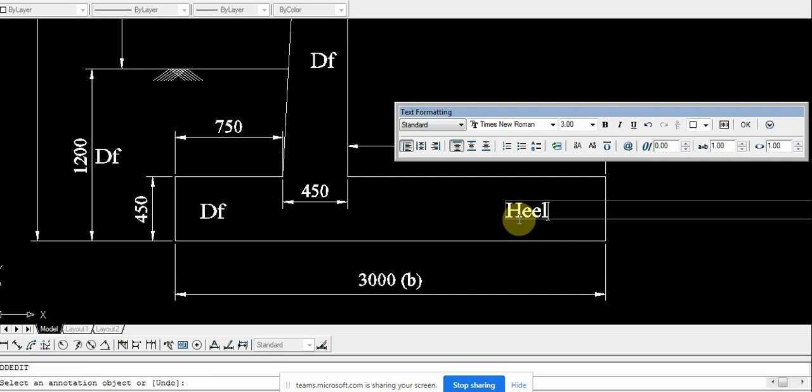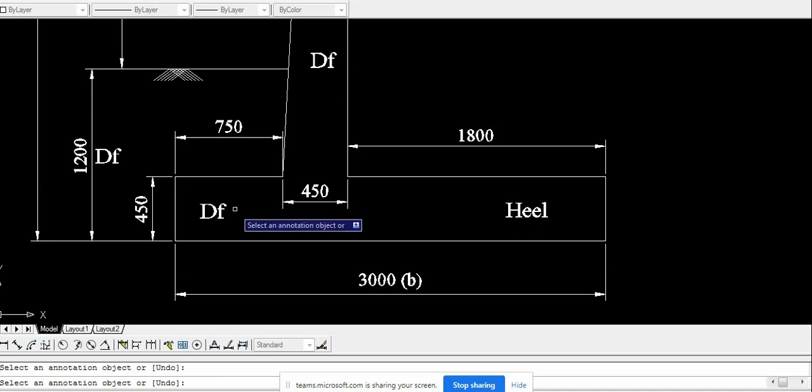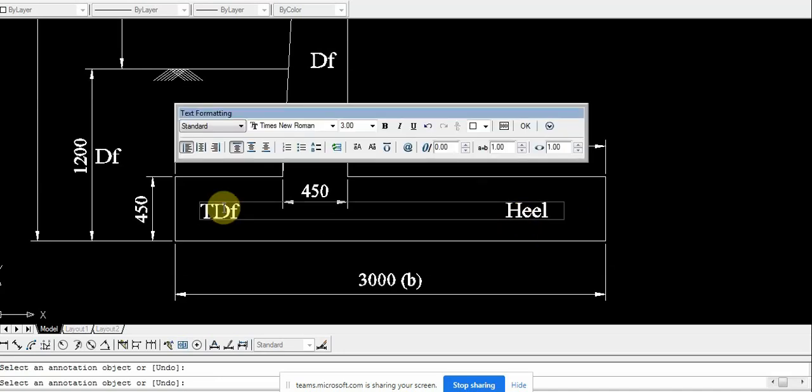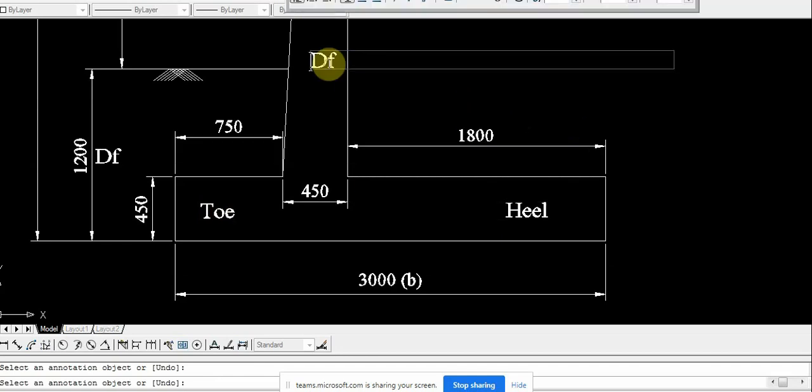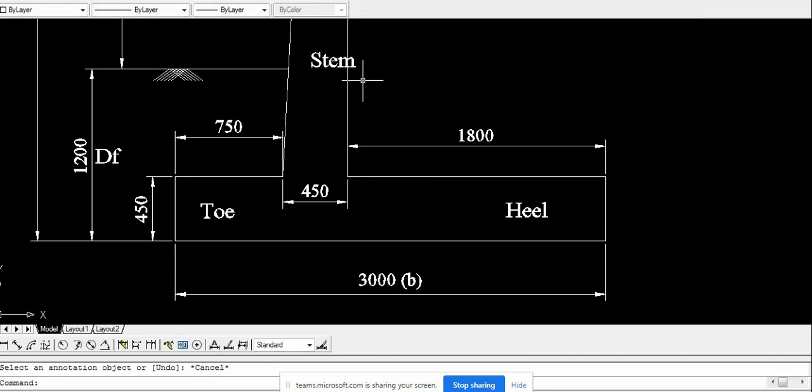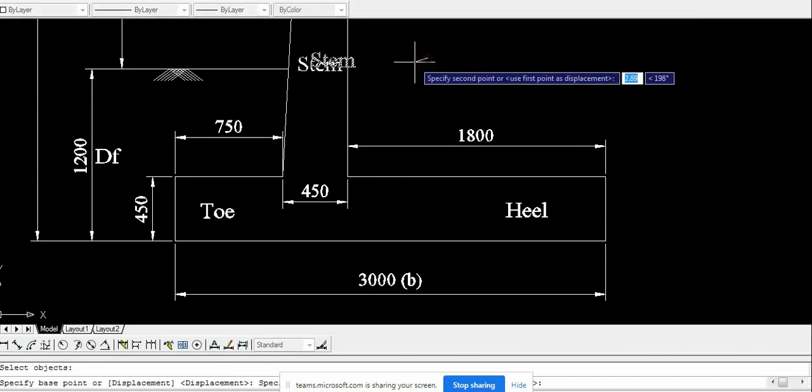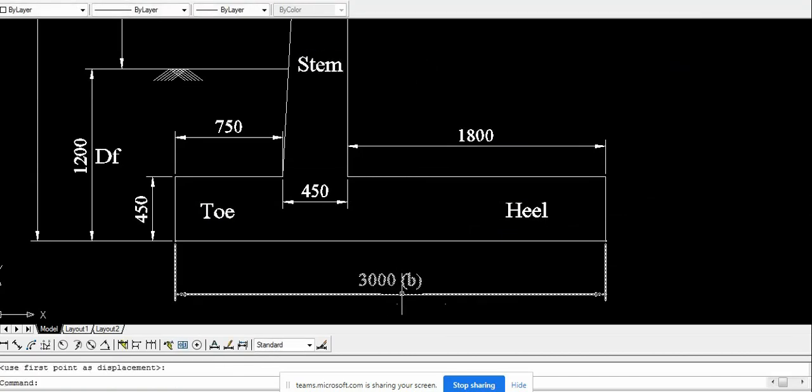This part we call the toe, and this part we call the stem. So the width of the base slab we got as 3000, the thickness we got as 450. So I want to know this width, how do you get this?